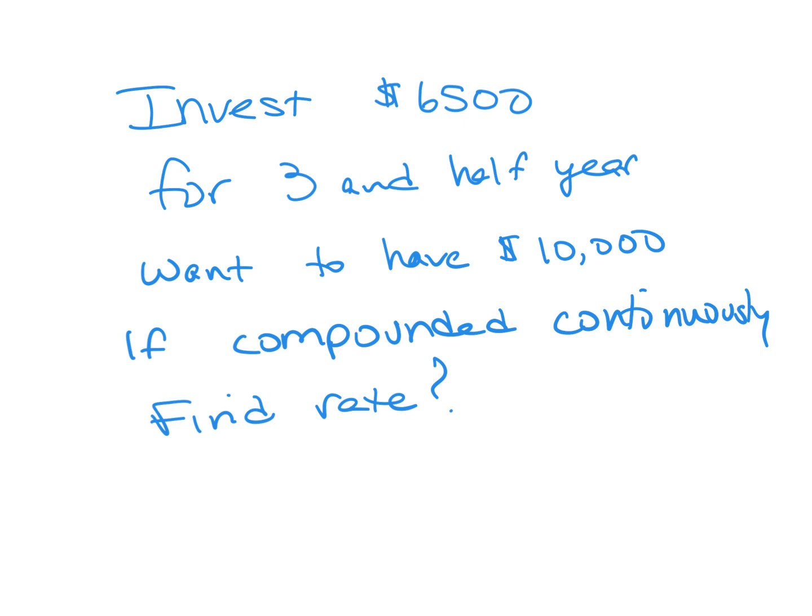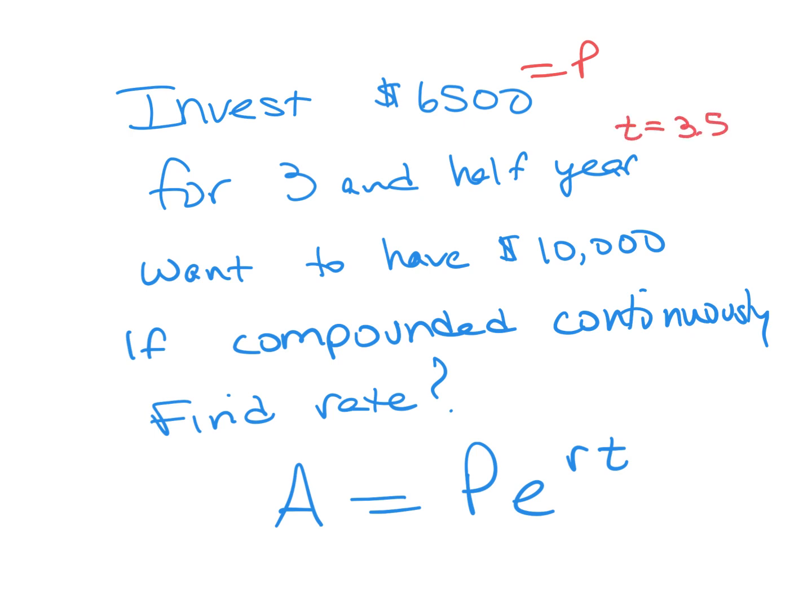So let's go ahead and fill it in. We're using the same formula we just did. I'm using my PERT formula. So I'm investing $6,500. This is my P. 3.5. This is my time. And then the 10,000, that's my A value.